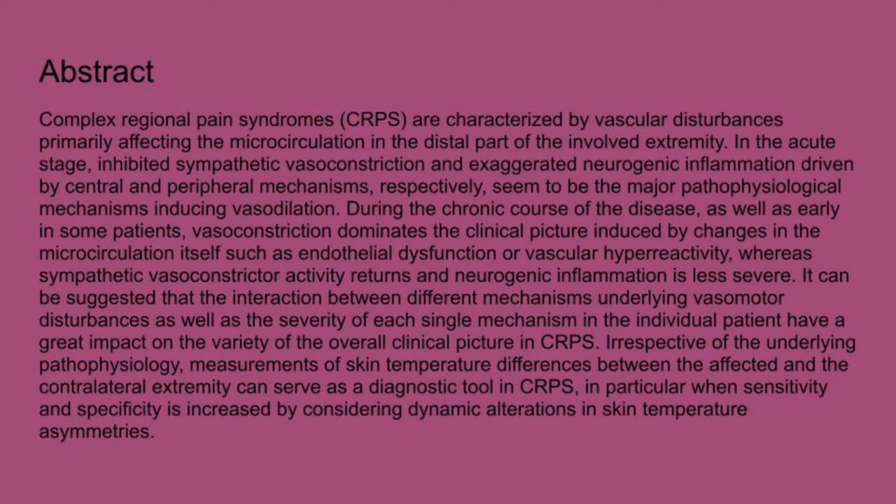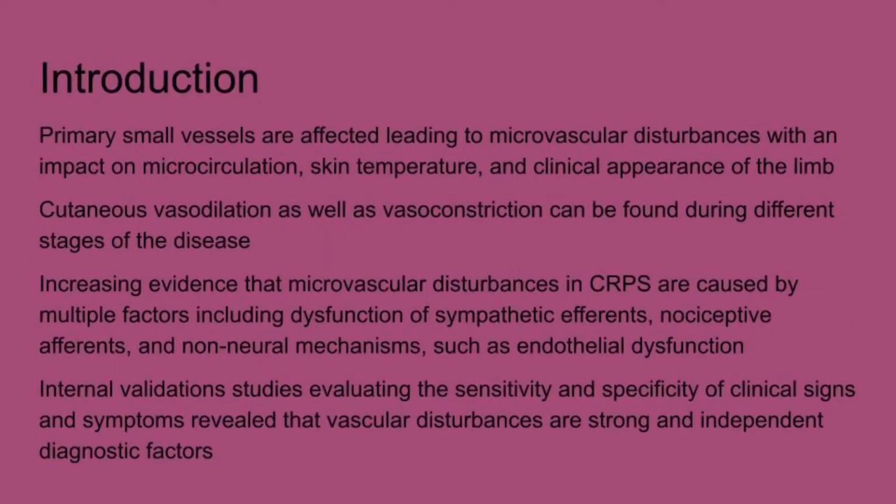Irrespective of the underlying pathophysiology, measurements of skin temperature differences between the affected and contralateral extremity can serve as a diagnostic tool in CRPS, in particular when sensitivity and specificity is increased by considering dynamic alterations in skin temperature asymmetries. In CRPS, primary small vessels are affected, leading to microvascular disturbances with an impact on microcirculation, skin temperature, and clinical appearance of the limb.